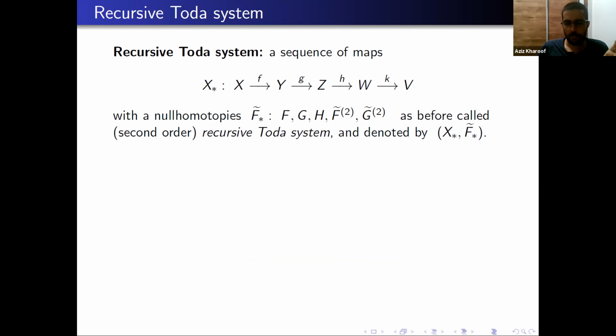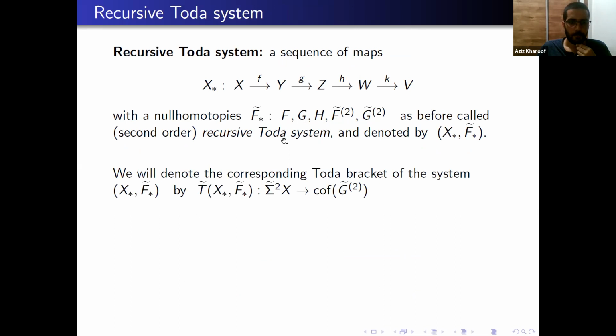We need double cones here, from the cone of the suspension. And we will call it a recursive Toda system, okay? And all the time I will use this with tilde, like in LaTeX, for the recursive Toda bracket, okay?